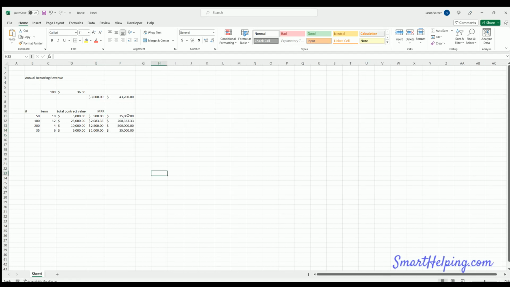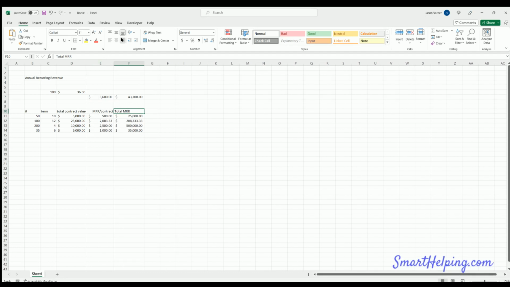And I'm just doing this on the fly. I haven't prepared this, so you're getting my raw calculations right here. This is your actual MRR per contract, but for total MRR you've got to multiply the amount per contract times the number of customers. So from these 50, you're making 25,000 a month. From these 100, you're making 200,000 a month.